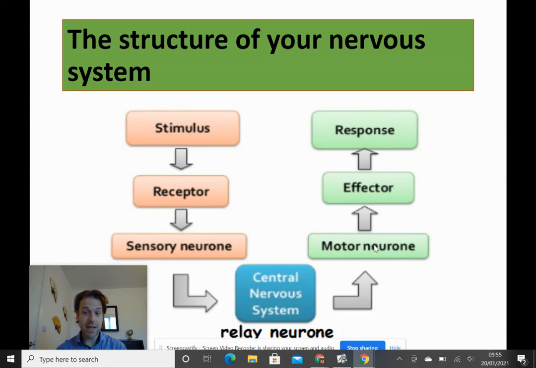It sends an impulse down a motor neuron out towards an effector, in this case, the muscles in our arms, and they contract to bring about our response, which is to cover our ears. So in this way, you can see with any example how a stimulus, a change, is detected, that information is sent to our brain, and then our response is brought about quickly, usually by our neurons as well.